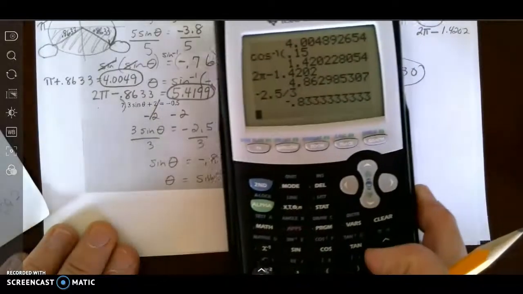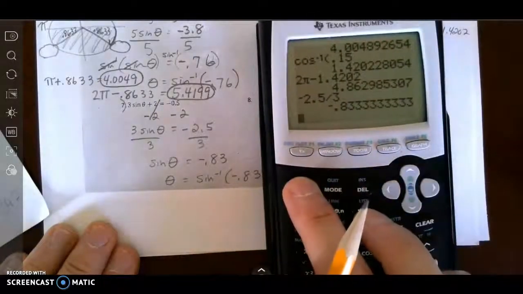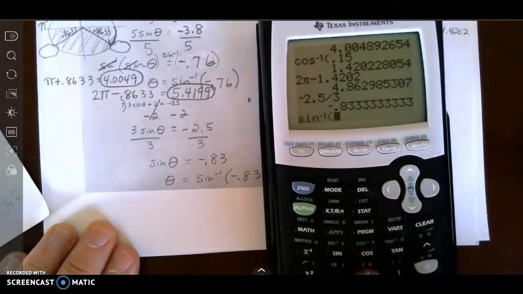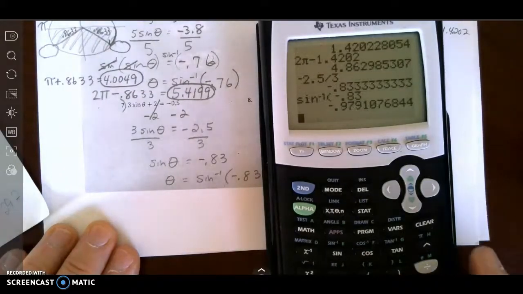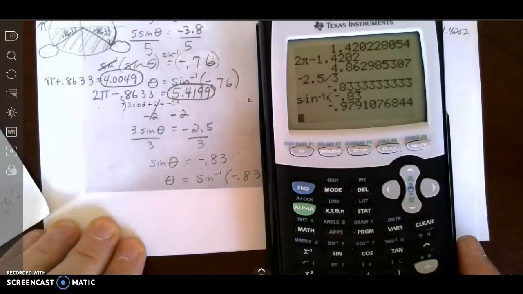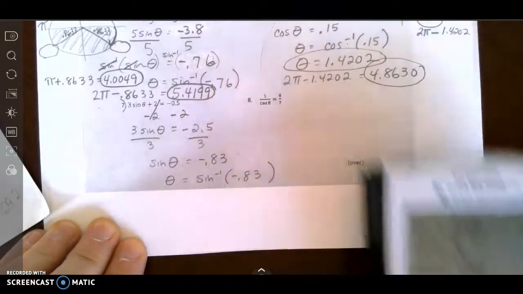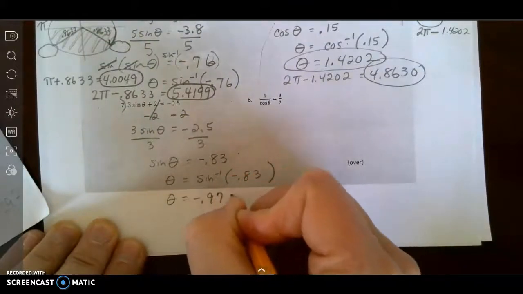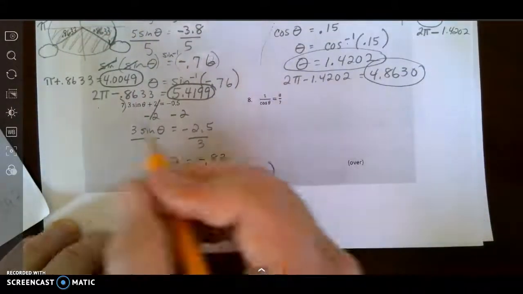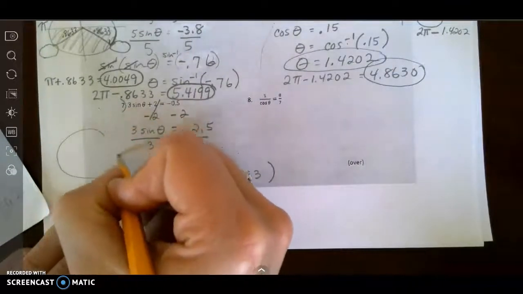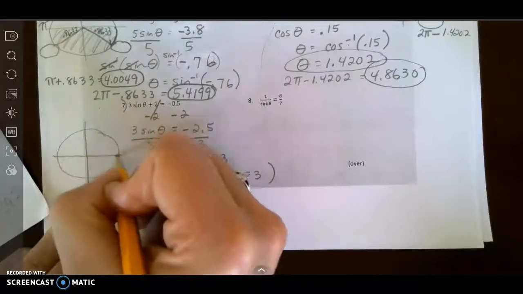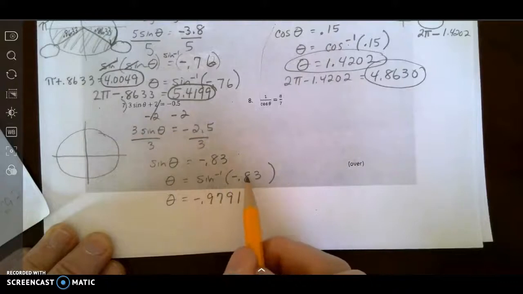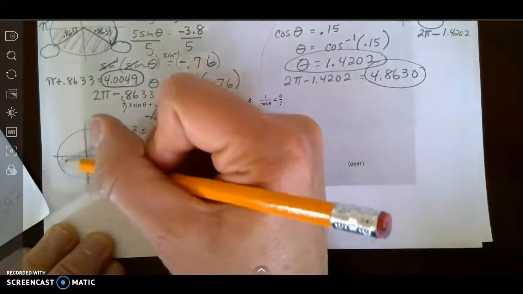So put that in my calculator. Inverse sine of negative 0.83. And I get negative 0.9791. Now, I forgot to draw my picture here. Sine is negative down here.